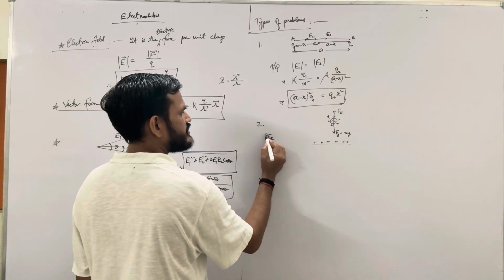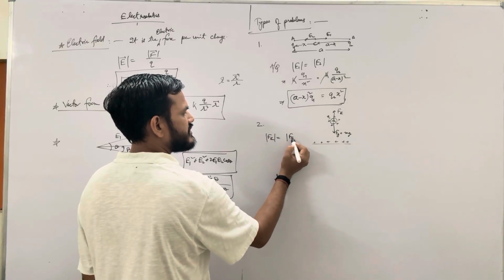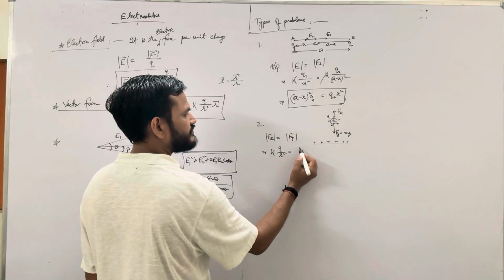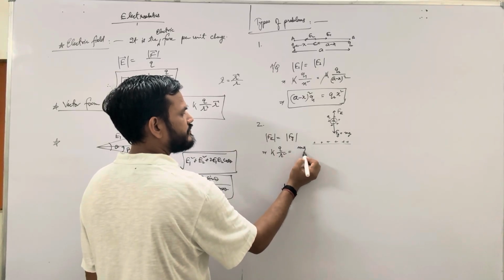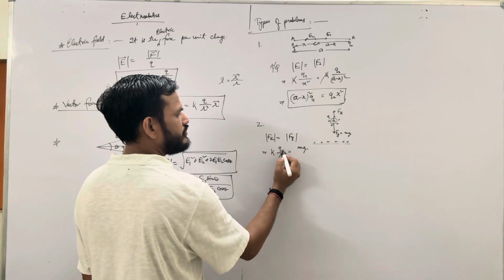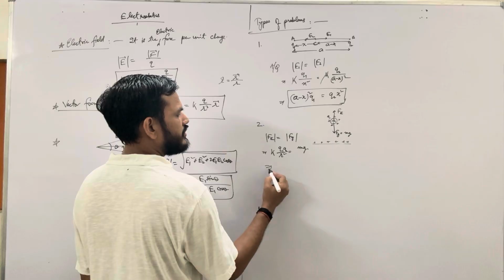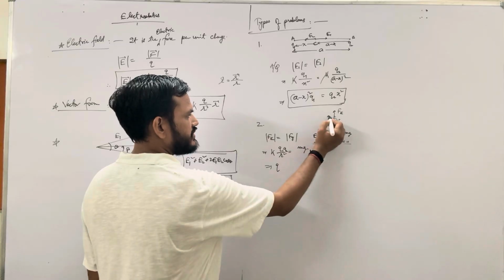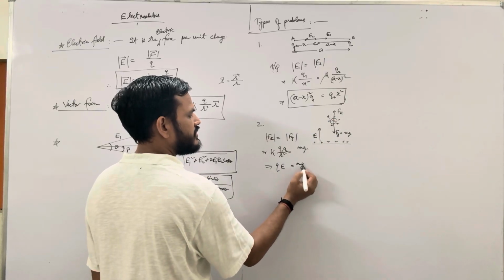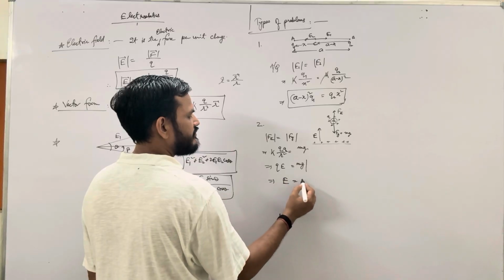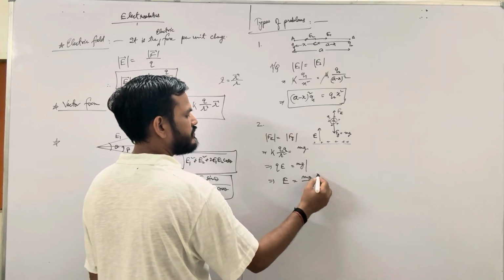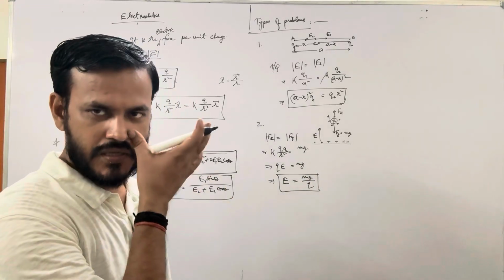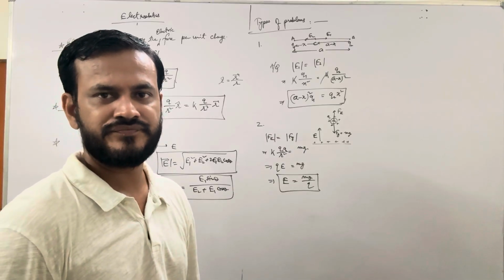So electrostatic force must equal gravitational force. Since it will have some electric field, you may convert it as this charge q into E is equal to mg. So from here, E can be calculated as mg by q. So you can find the electric field that is required to keep the oil drop suspended in air.